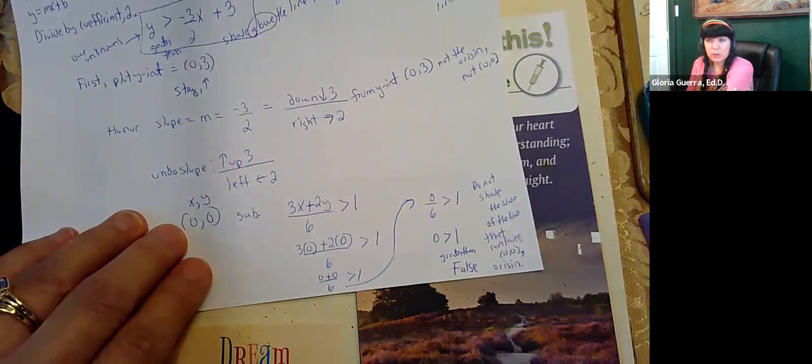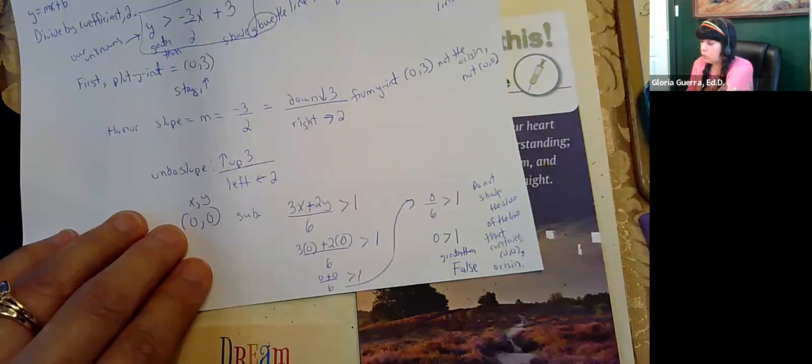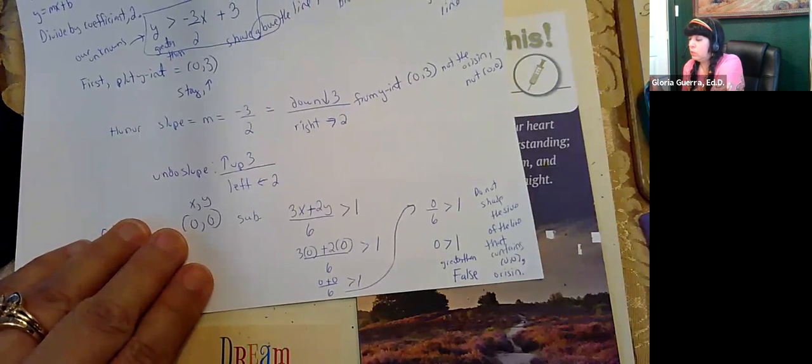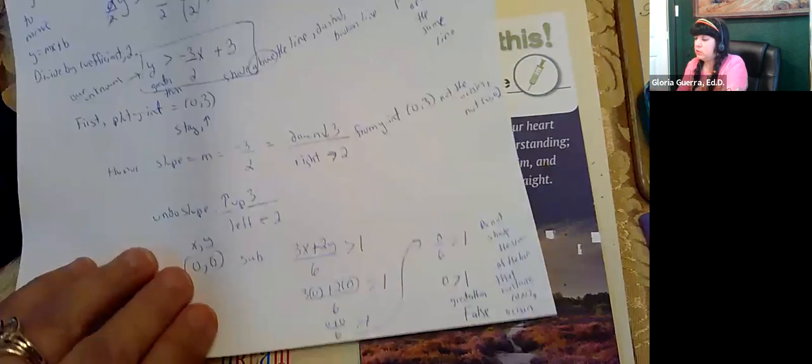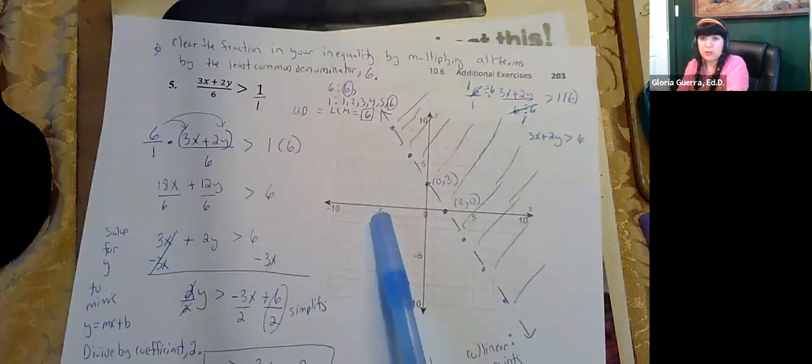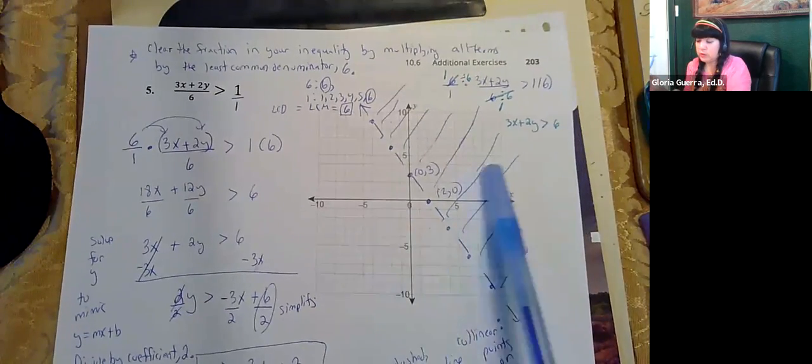We did not do that. Okay. So you can see we didn't shade the side that contains 0, 0. We shade the other side.